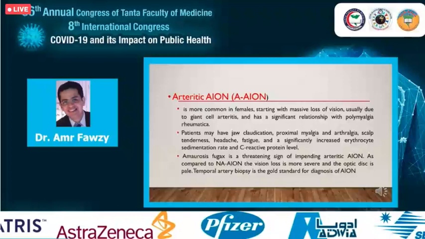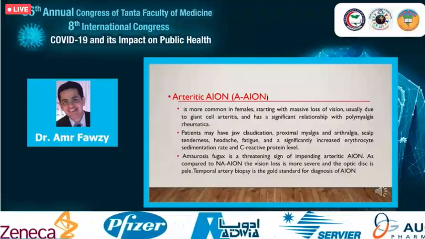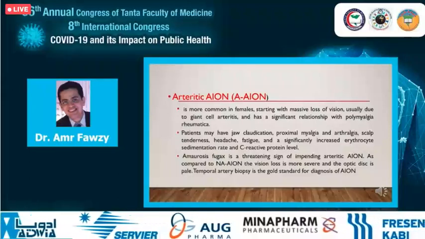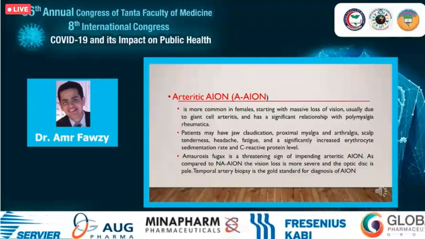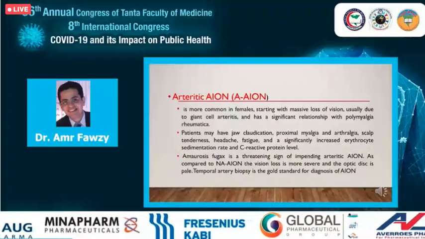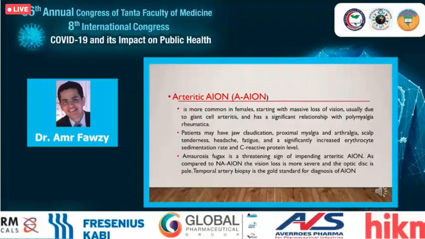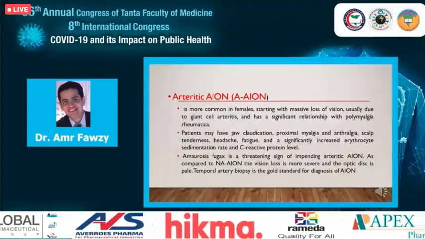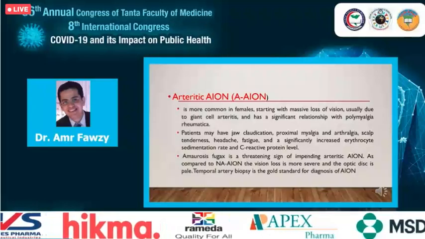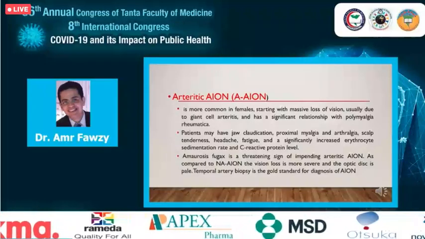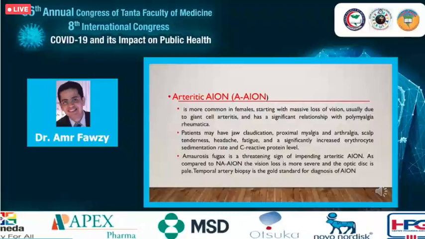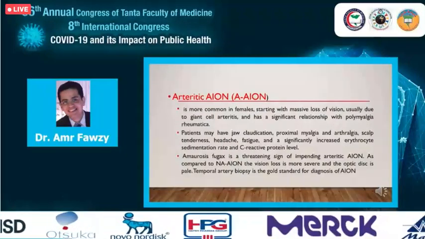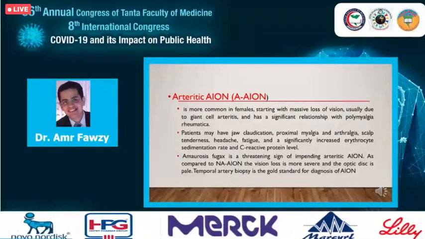The second type of ischemic optic neuropathy is the arteritic type, which is more common in females, starting with massive loss of vision, usually due to giant cell arteritis, and has a significant relationship with polymyalgia rheumatica. Patients may have jaw claudication, proximal myalgia and arthralgia, scalp tenderness, headache, fatigue, and significantly increased erythrocyte sedimentation rate and C-reactive protein level.